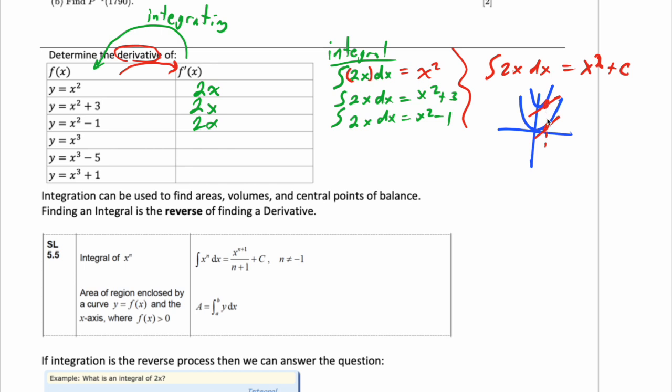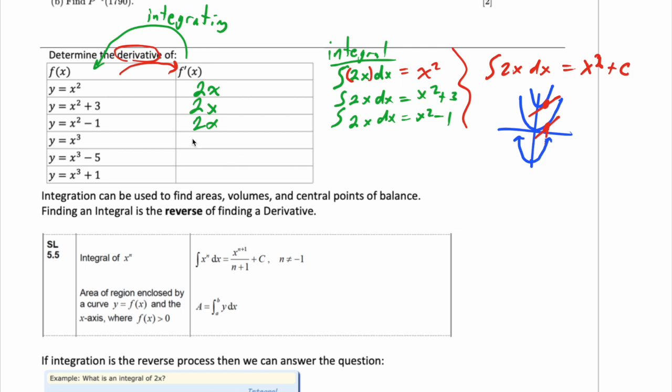So if you integrate or differentiate either of these two blue parabolas, you get 2x every time. The slopes are the same here. So the integral of 2x could be any of these parabolas because they have the same slopes at the same x values.